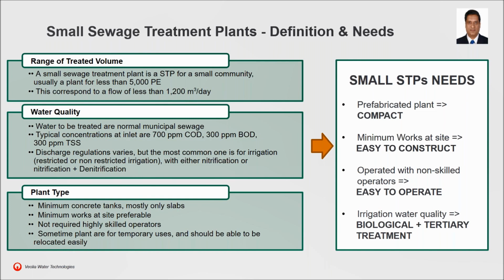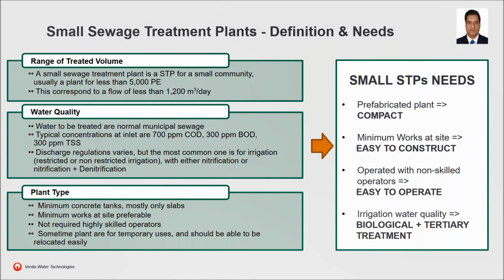In terms of treatment performance, these STPs are designed to treat typical wastewater quality, bearing COD from 600 to 700 milligrams per liter, BOD and TSS of 300 milligrams per liter, and TKN of around 60 milligrams per liter, as normally observed in the Middle East.